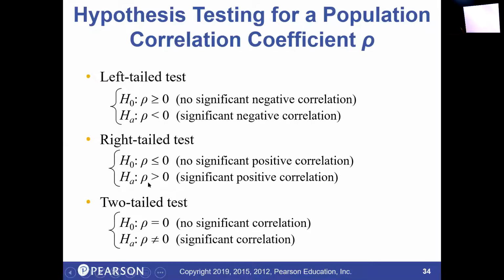The alternative is greater than 0, significant positive correlation. Now for two-tailed, we don't know whether it's positive or negative. So we say rho equals 0 means no significant correlation. Rho is not equal to 0 means there is significant correlation of some kind, and that could be positive or negative.